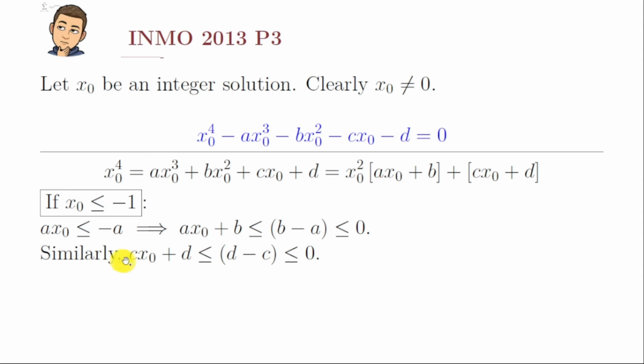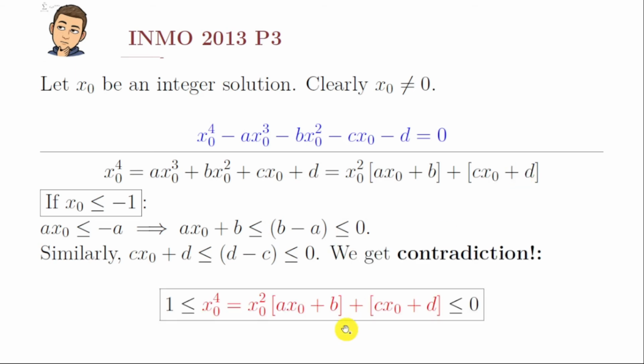And similarly, we can use the same way here to get cx0 plus d less than or equal to d minus c, which is less than or equal to 0. So this term too, cx0 plus d, is non-positive, at most 0. But here we get a contradiction, because x0 to the power of 4 must be at least 1, right?